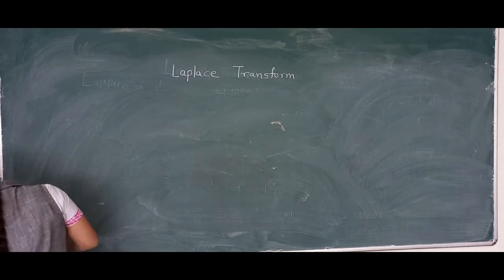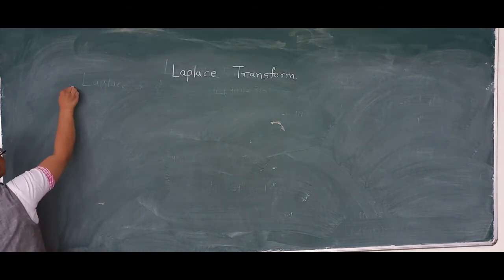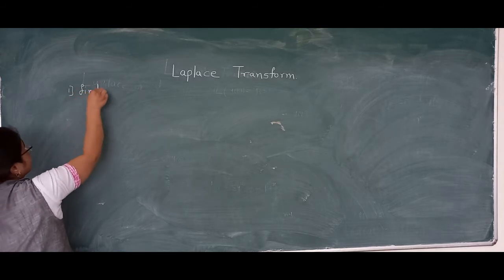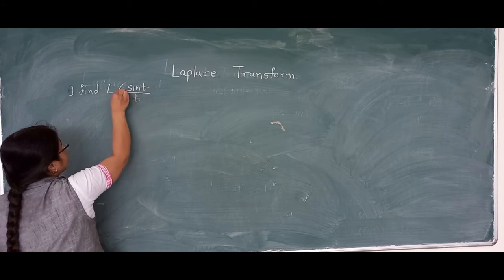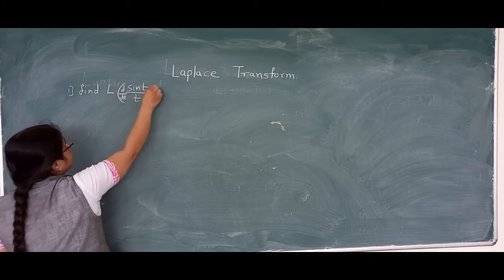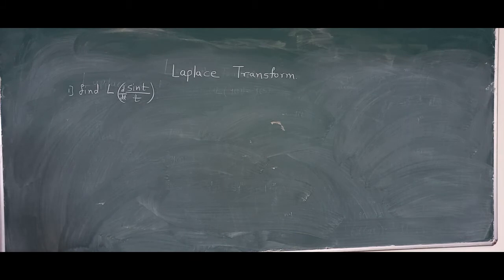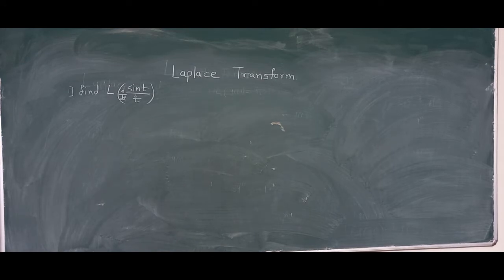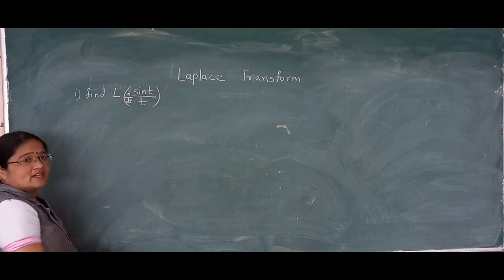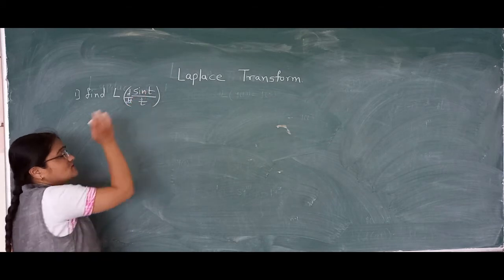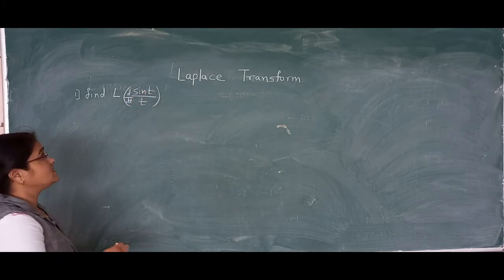First example is find the Laplace of d by dt of sin t upon t. If d by dt is not there, then we can easily find sin t upon t and its Laplace.